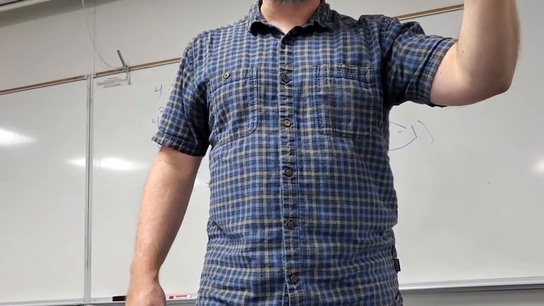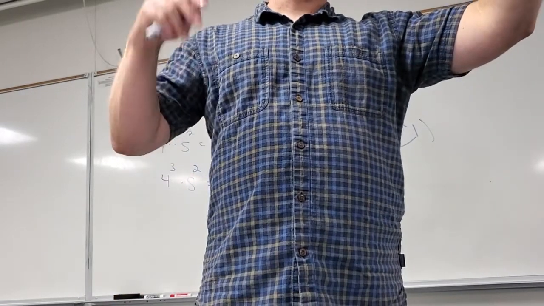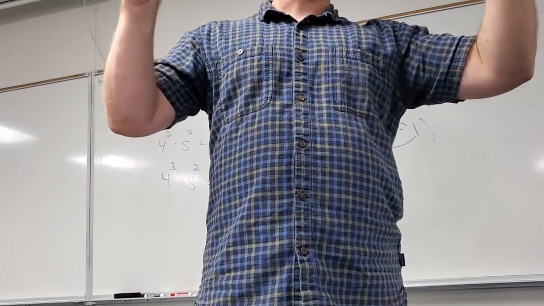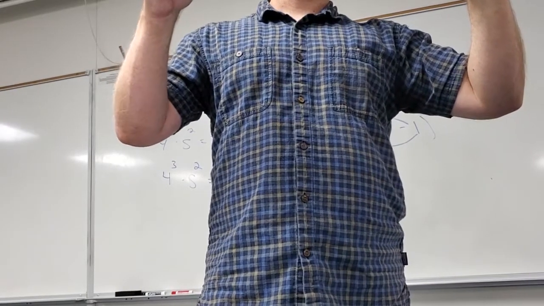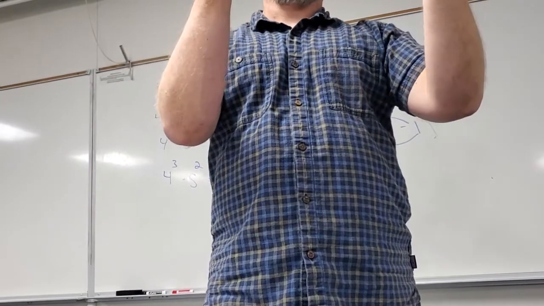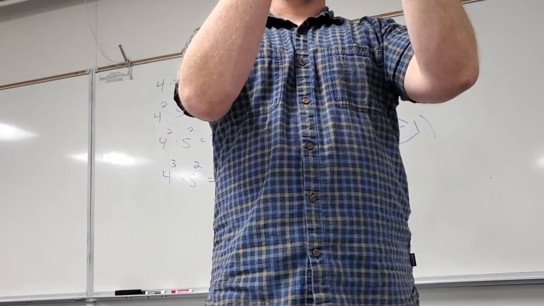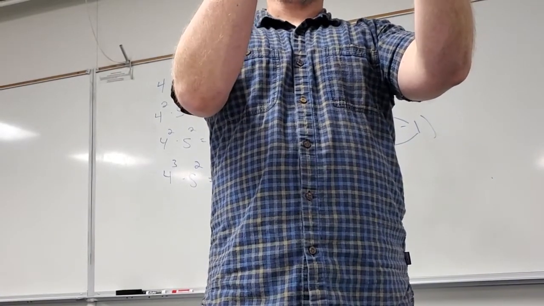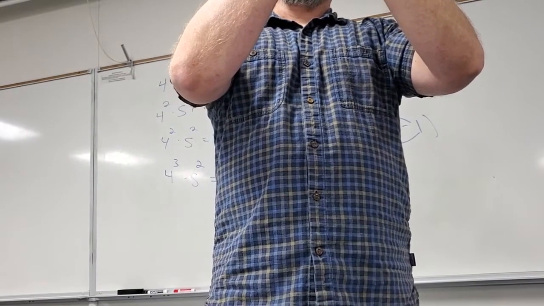And how many 2s? 5. 4 3s and 5 2s. How many 6s can you make? What do you need to make a 6? A 3 and a 2. A 3 and a 2 makes 6 when you multiply. So if I had two 3s and two 2s, I could make two 6s.